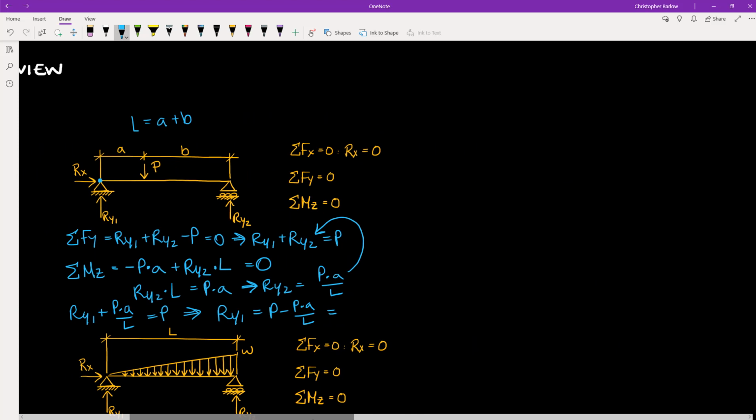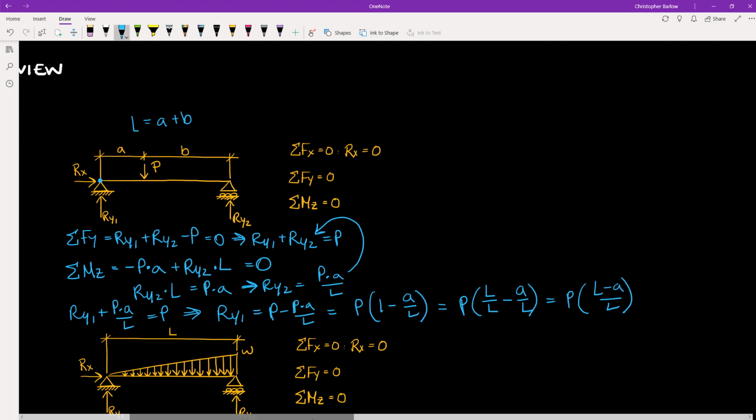If we say that P times 1 minus a over L, so simply extracting the common factor here of P. And now we can also say that this expression is equal to P times, in parentheses, L over L, which is of course equal to 1, minus a over L, close the parentheses. And now this is equal to P times parentheses L minus a over L.